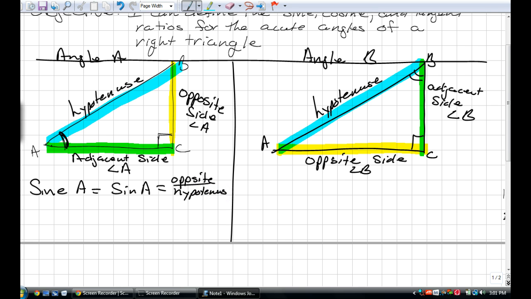In other words, the length of BC over the length of AB.